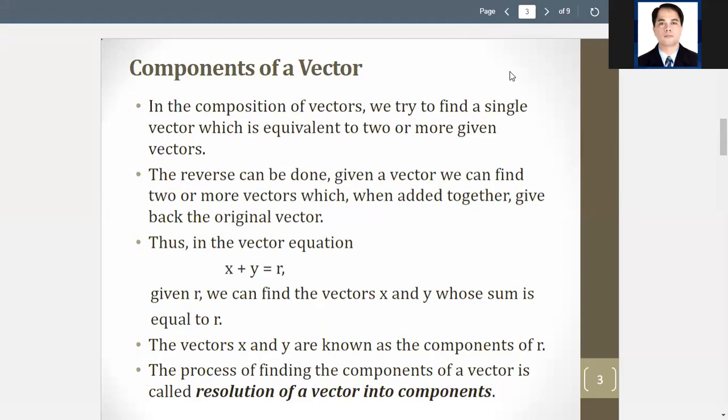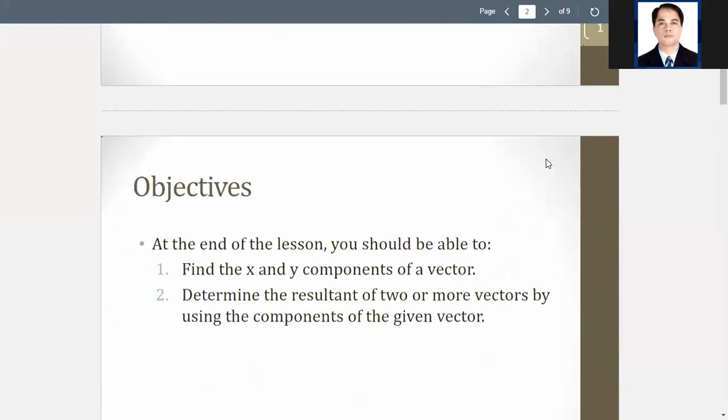Again, our vector will have two components, x and y. Sometimes the x and the y components are considered as the vertical and the horizontal component.